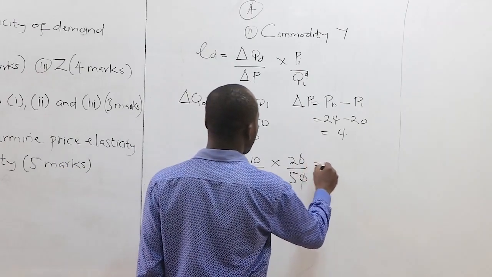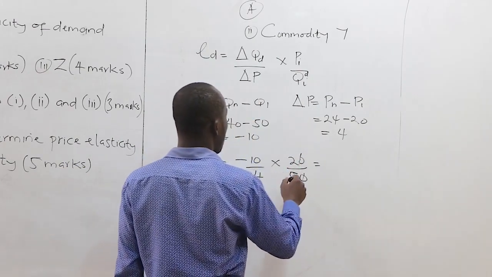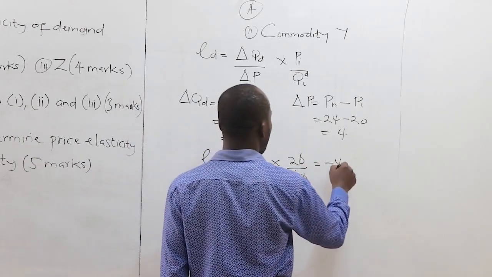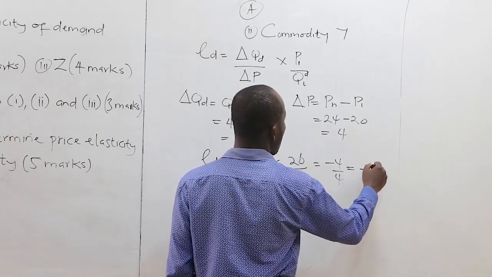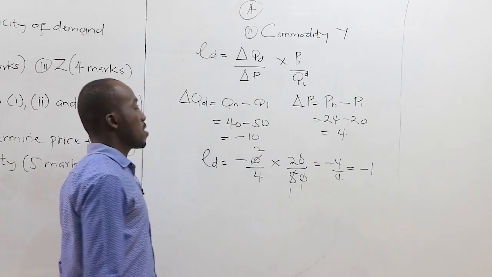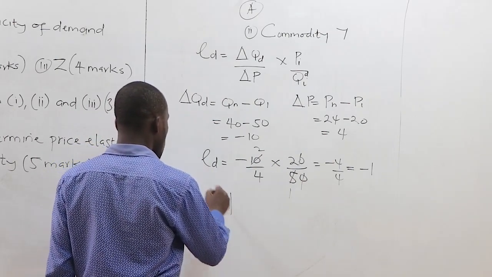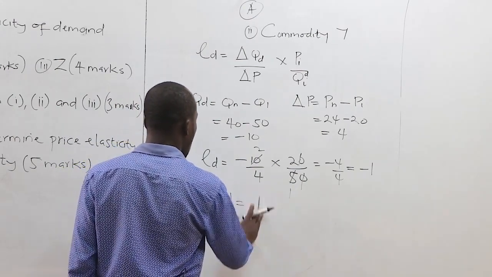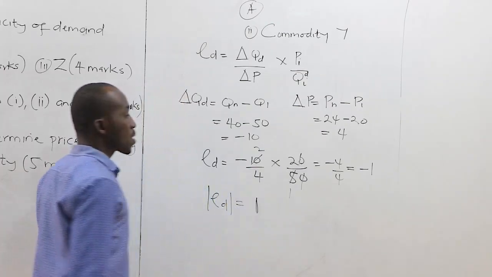We can use a calculator to do it straightforwardly. We're going to have negative 4 divided by 4, which is equal to negative 1. Then if you take the absolute value, you get 1.